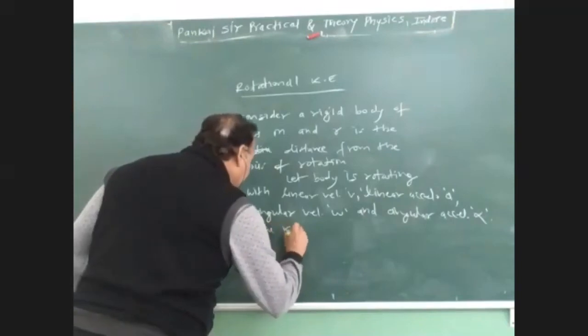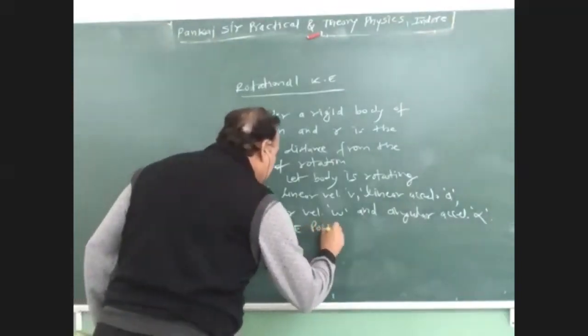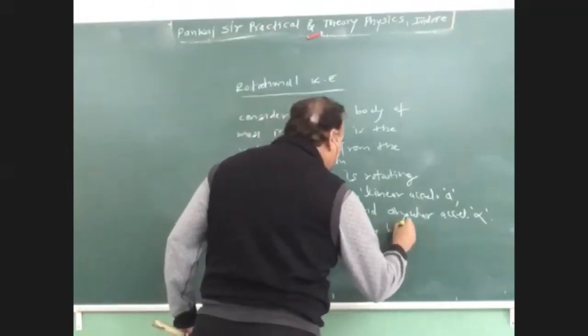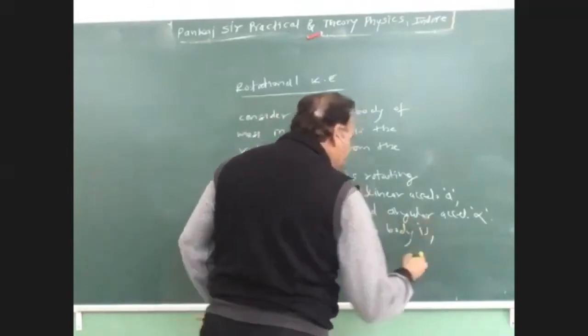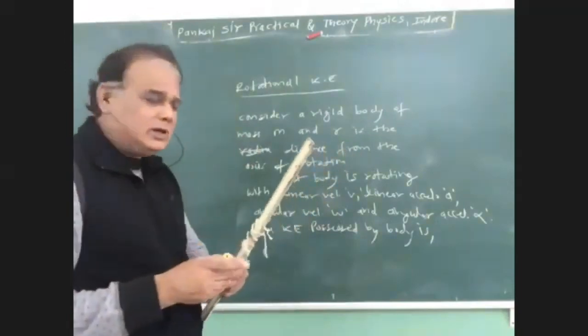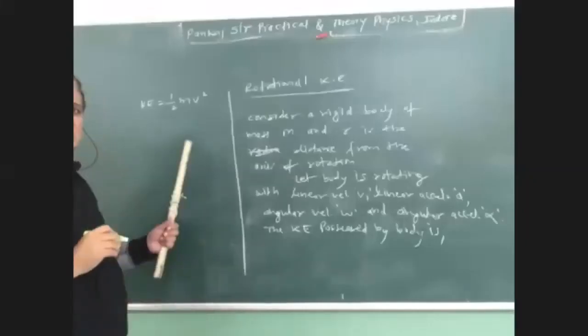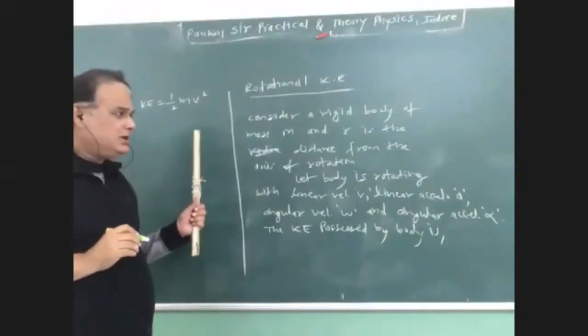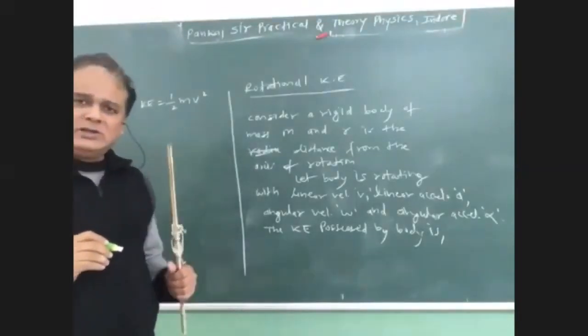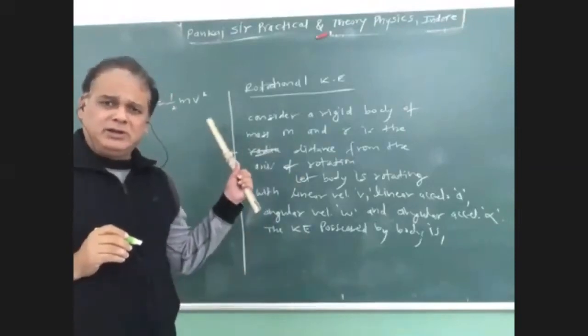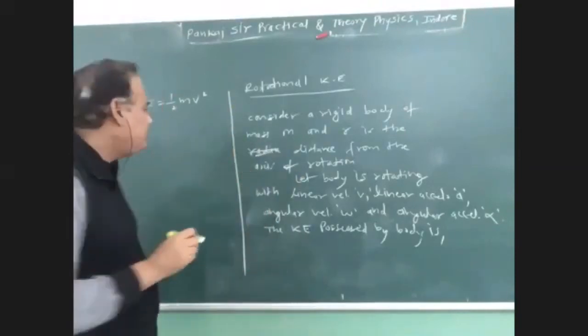So the kinetic energy possessed by the body is, so kinetic energy का फार्मूला आपको पता है. It is kinetic energy during linear motion and we need kinetic energy in rotational motion. In rotational motion we are not using v, we are using omega.